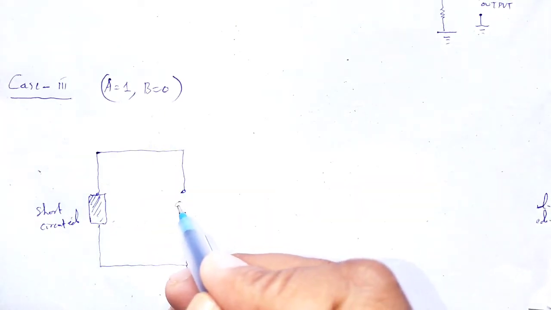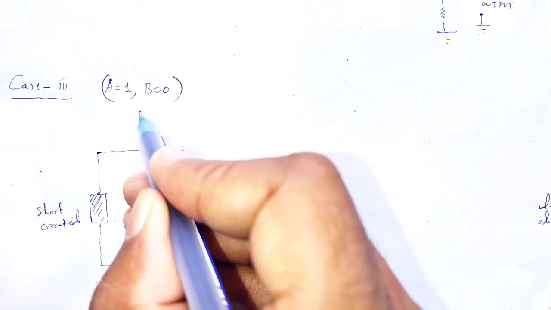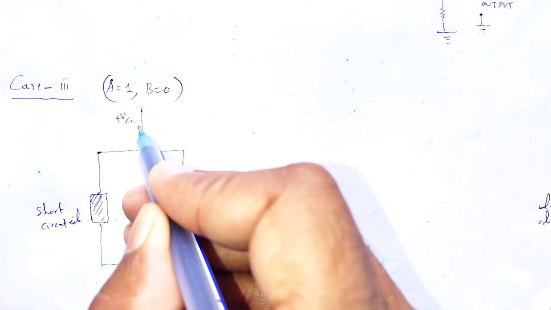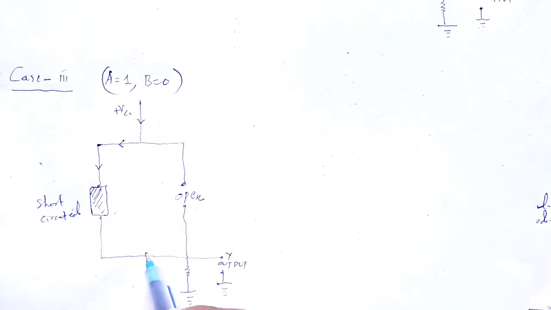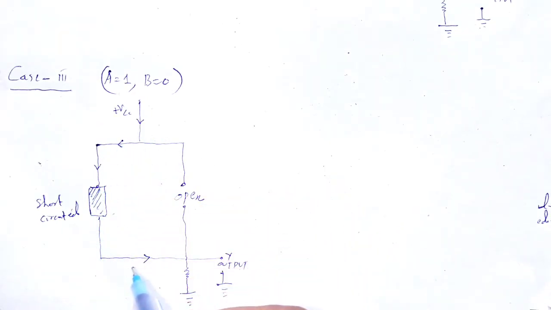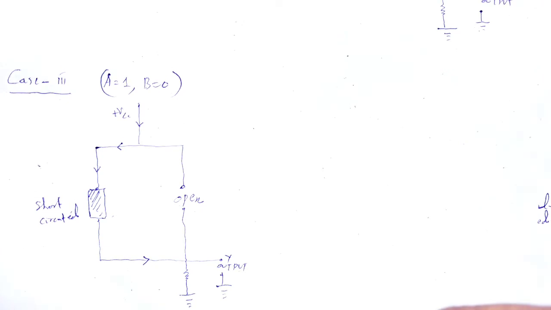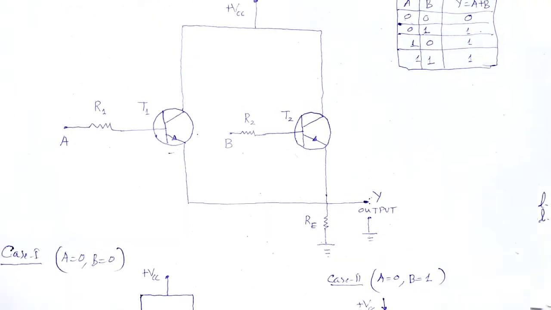B is equal to 0, the transistor is just like an open switch, plus VCC, and the circuit is completed, and at the output section we have high output 1, that is, in the 1 0 situation we have 1.